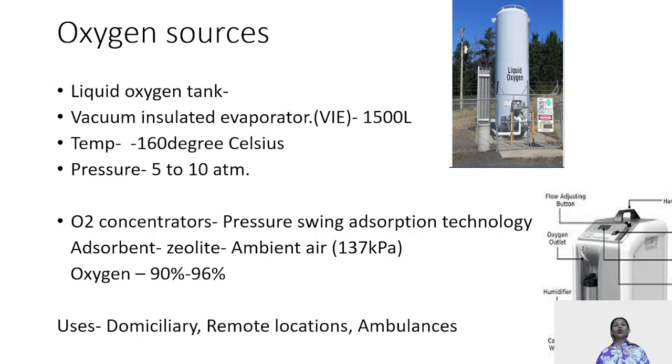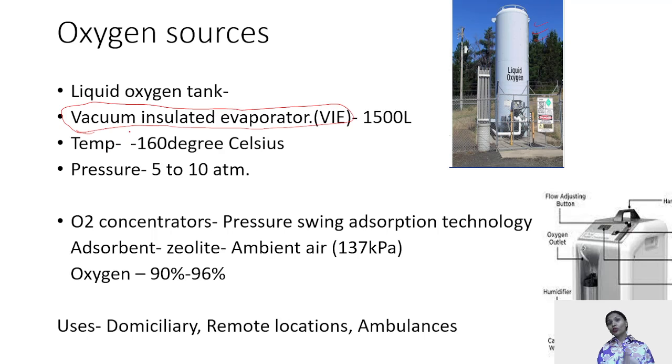Coming over to the oxygen sources, this has become important because of the COVID pandemic. We have liquid oxygen tanks, which are based on the concept of vacuum insulated evaporators. You only have to remember this name: the principle on which liquid oxygen tanks work is vacuum insulated evaporators, and the temperature is around minus 160 degrees Celsius.